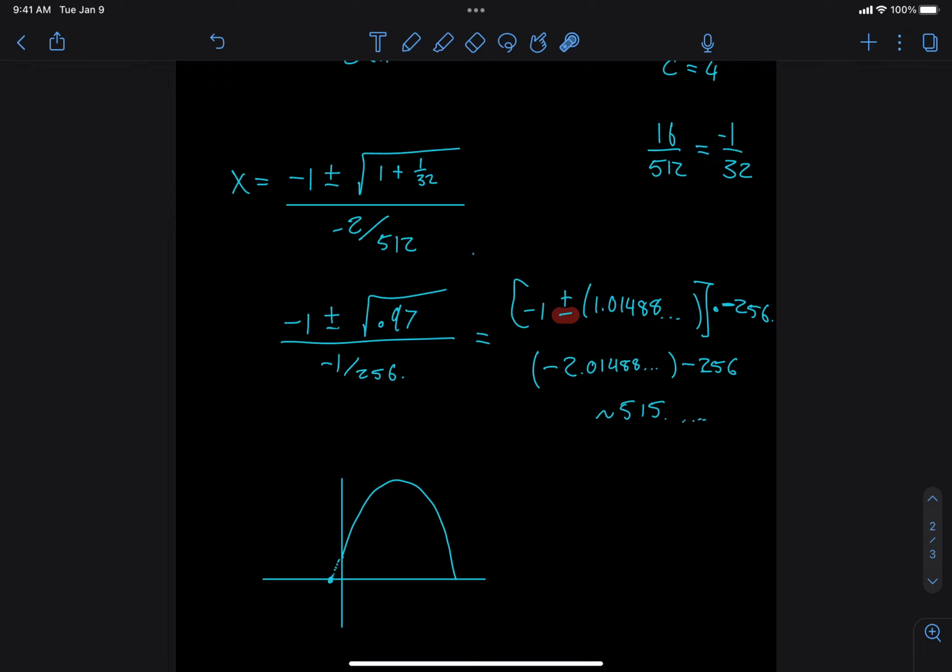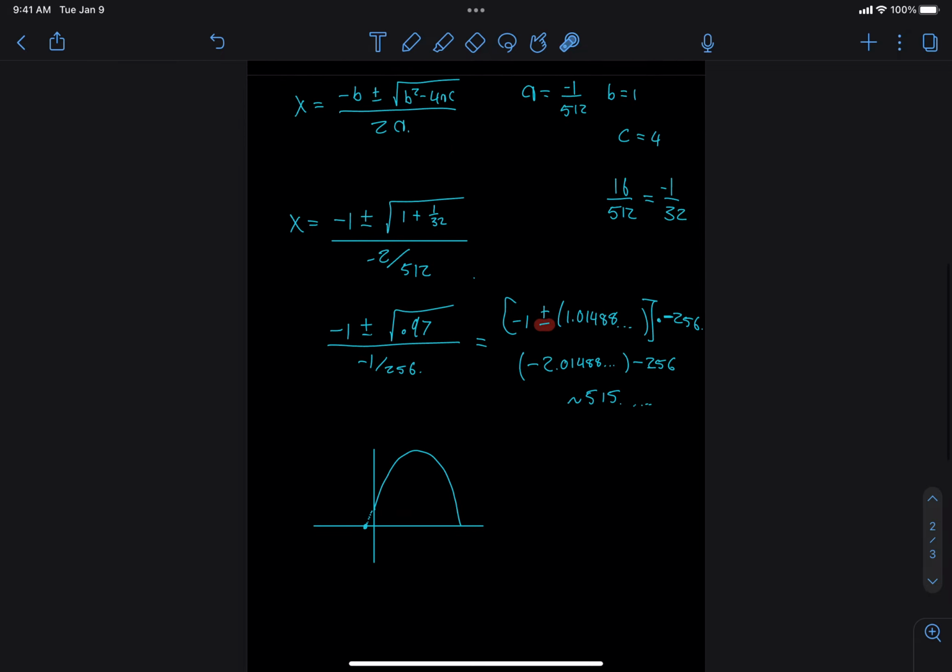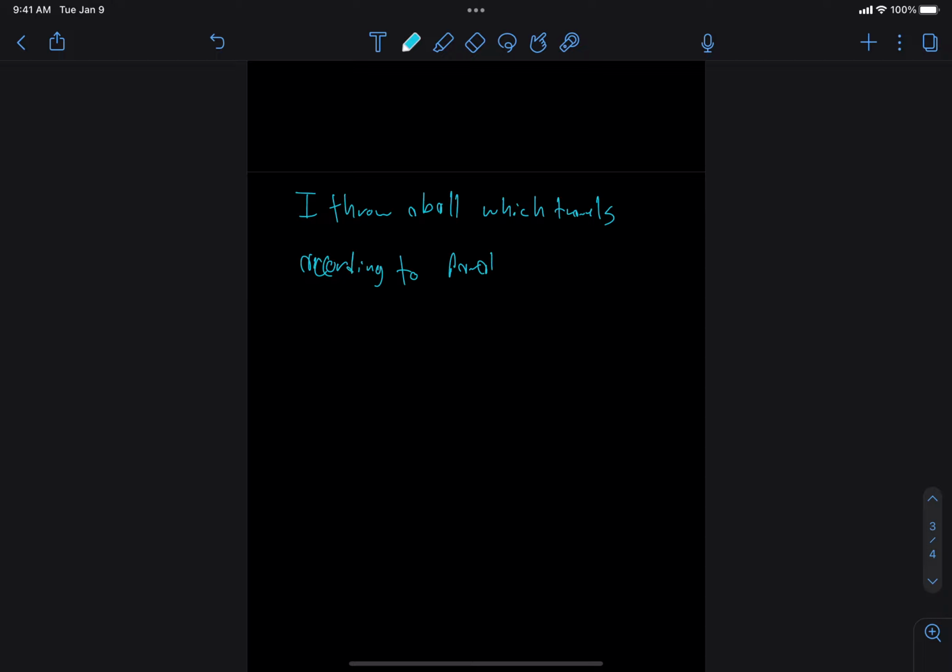Okay, so this problem is probably not something that I would put on a quiz or an exam. It's too complicated, too much plugging, too much calculation. Something that I could put on an exam would be something like, I throw a ball which travels according to the parabola.